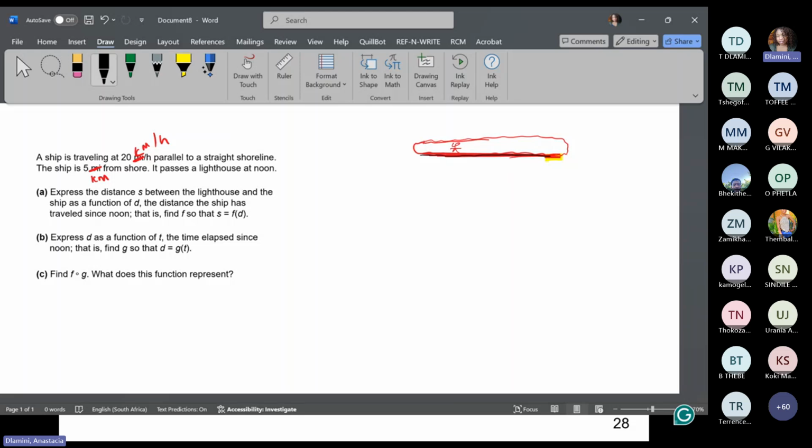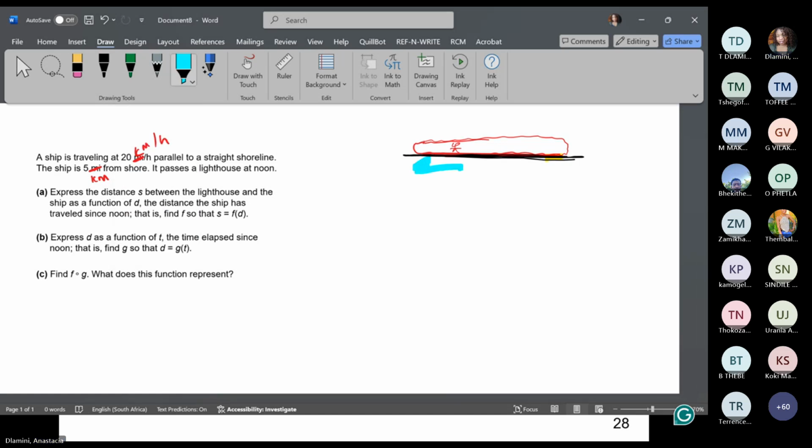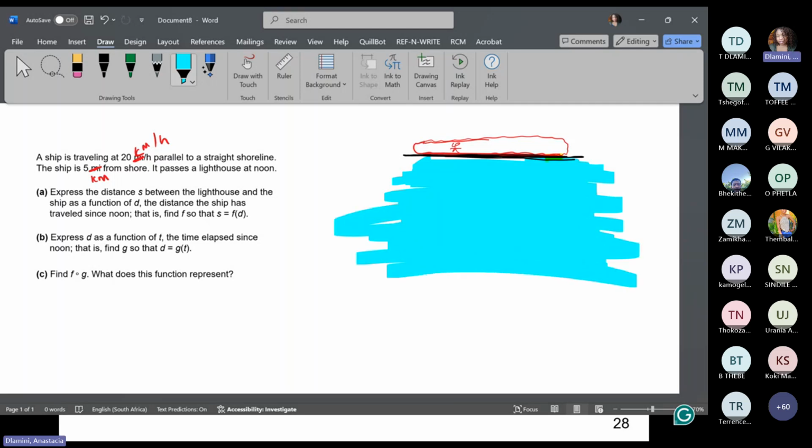So this is us there, and the water is here. We are just separating the shore from the shoreline.